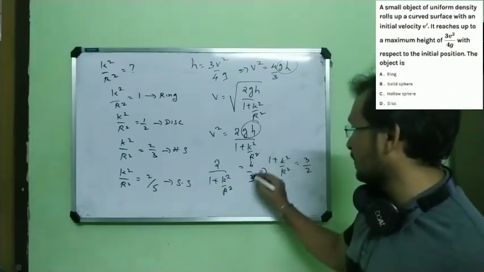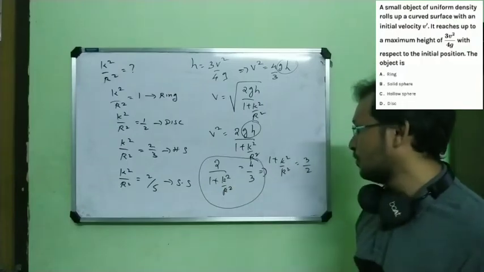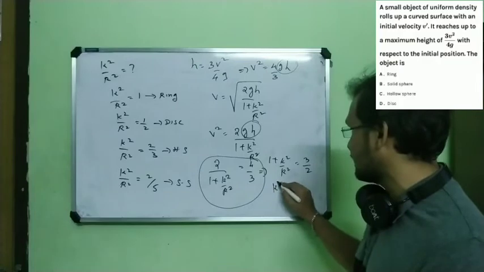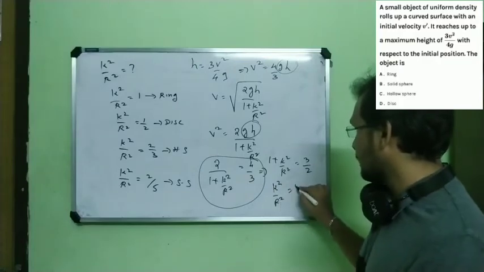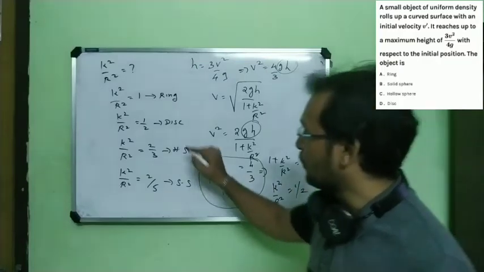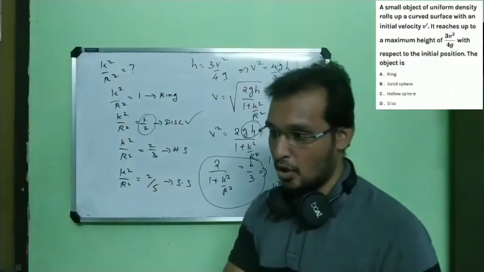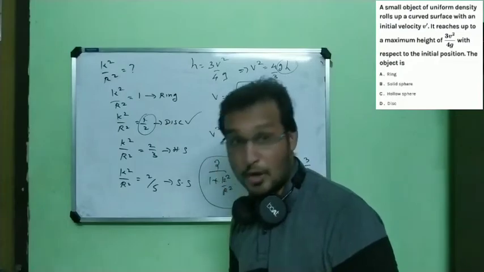Then k square by r square you will get as 1 by 2. If k square by r square is 1 by 2, it will be a disk. Understood? So the option is disk, option D.